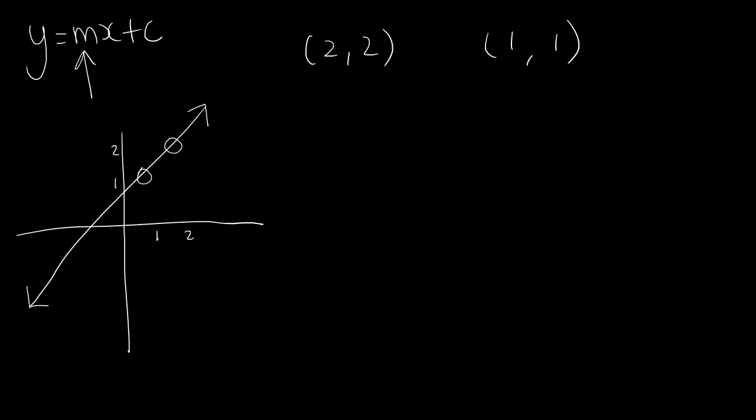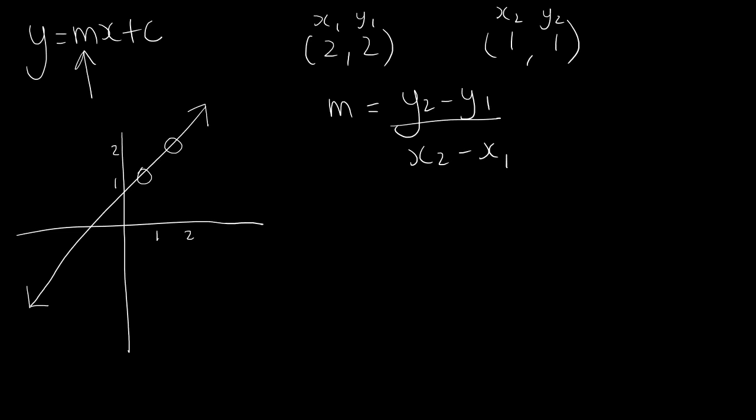Now that I've chosen the coordinates, I label them x1, y1, and x2, y2. Now that I've labeled them, there is a format that you use for m. The formula is m equals y2 minus y1 over x2 minus x1.